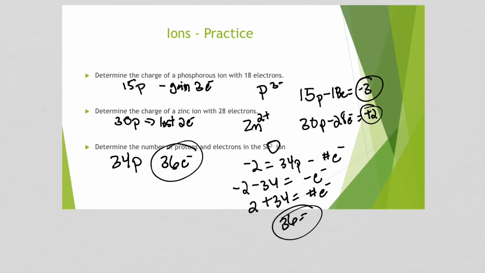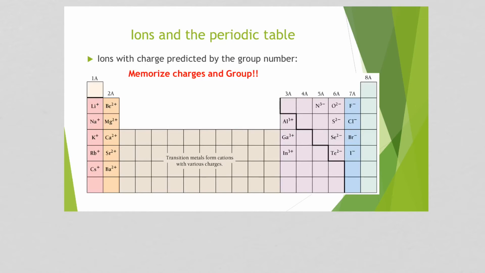All right, so ions. The last thing I want to say about ions is that we have to understand some of the basic charges. We talked about how the main group elements have trends that we can follow. They have predictable properties, and one of those properties is that we can predict what kind of charge an element will form based on its location in the main group.